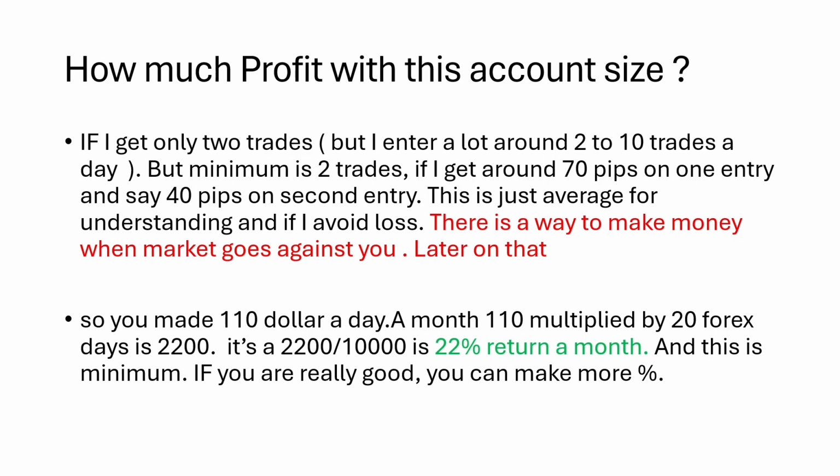So let's say you made $110 a day, which is 70 and 40 pips giving you 110 pips, which is $110 a day. That is very little compared to a $10,000 account. But if you don't lose money and make it consistently, over 20 forex days it's $2,200, and it's a 22% return a month. 22% a month is great.